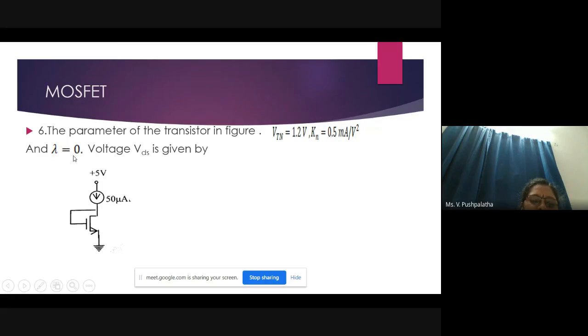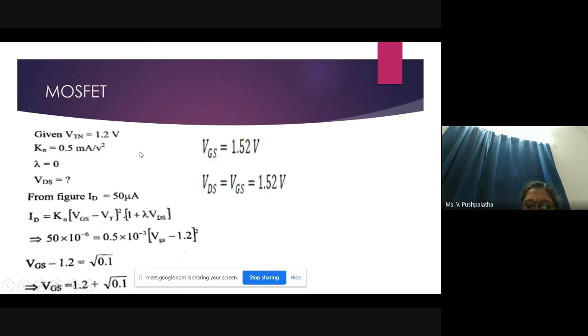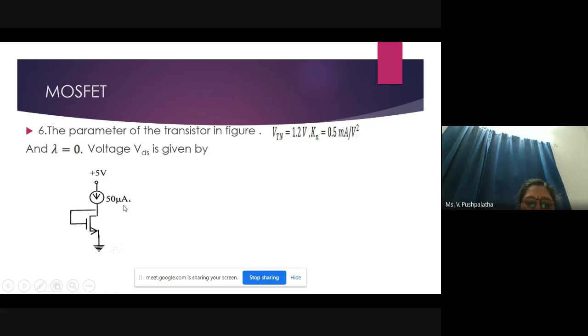Lambda is nothing but the channel length modulation. Okay, this channel length modulation will occur only in the long channel. So this is actually a long channel effect. So here lambda value is given as 0. What they are asking is, they are asking you to find voltage VDS, right? That is, they are asking you to find out the output voltage, right?